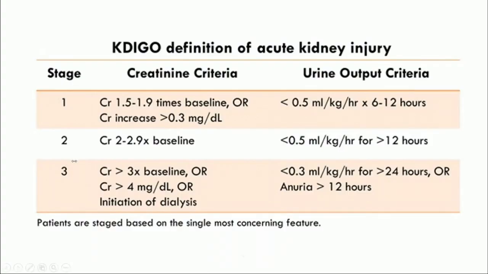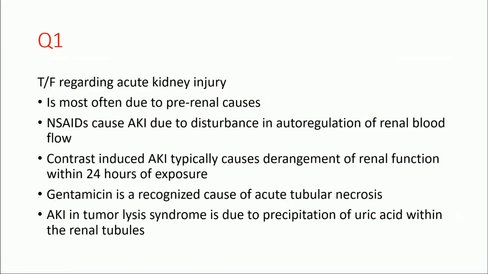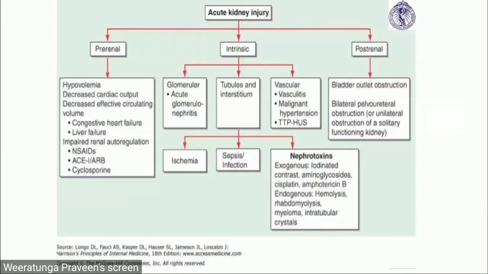Right. Okay. Now, when you talk about causes of acute kidney injury, we divide these causes into three groups. One, you have the pre-renal causes of acute kidney injury. You have the renal causes of acute kidney injury and the post-renal causes of acute kidney injury, right?